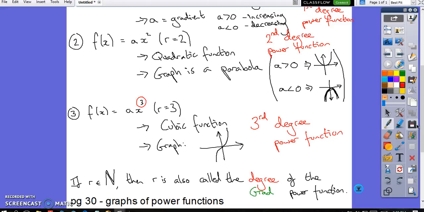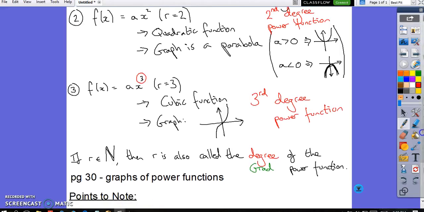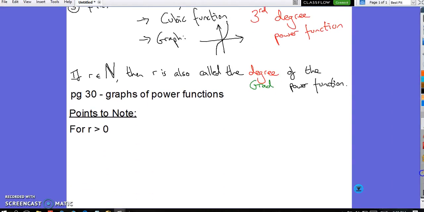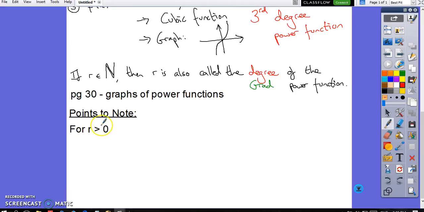graphs much more easily. So first of all, let's look at the case where r is positive, where r is greater than 0. So when r is 1, 2, 3, etc. Let me switch to black.